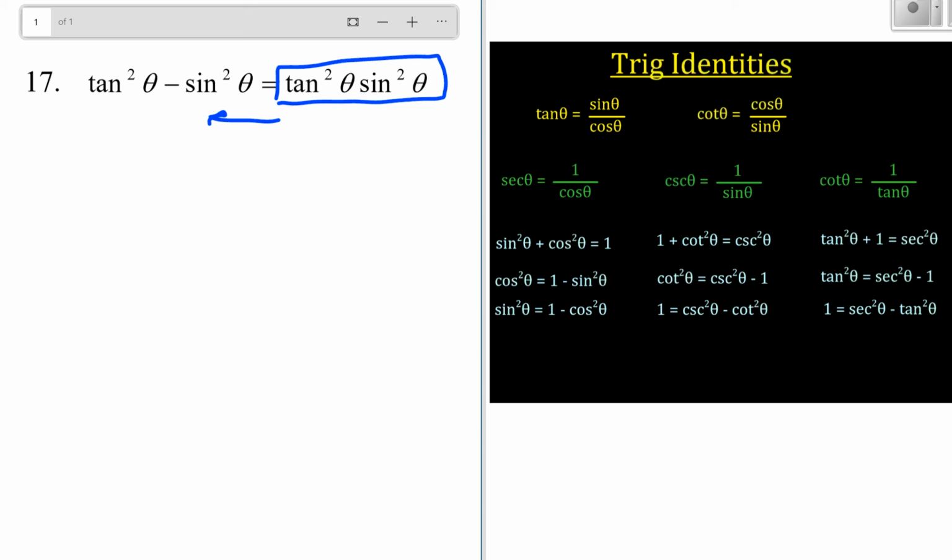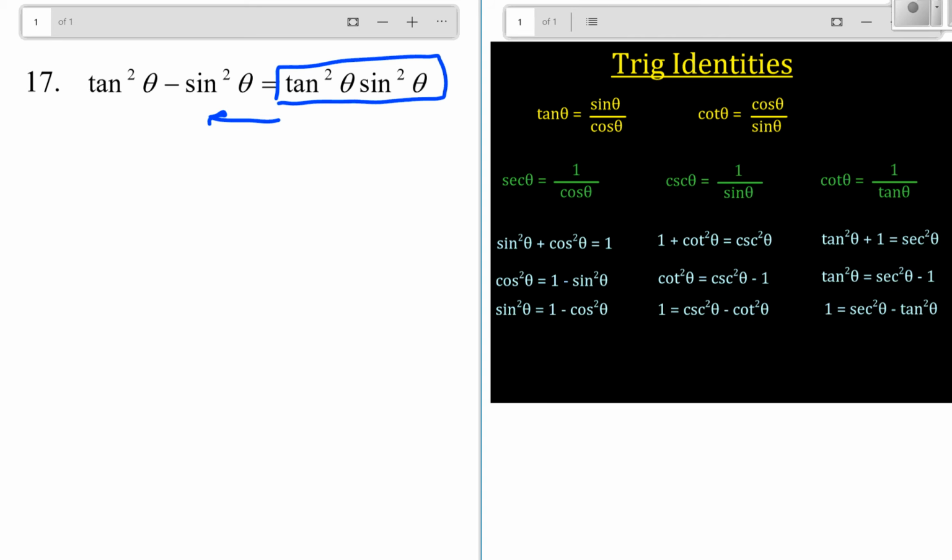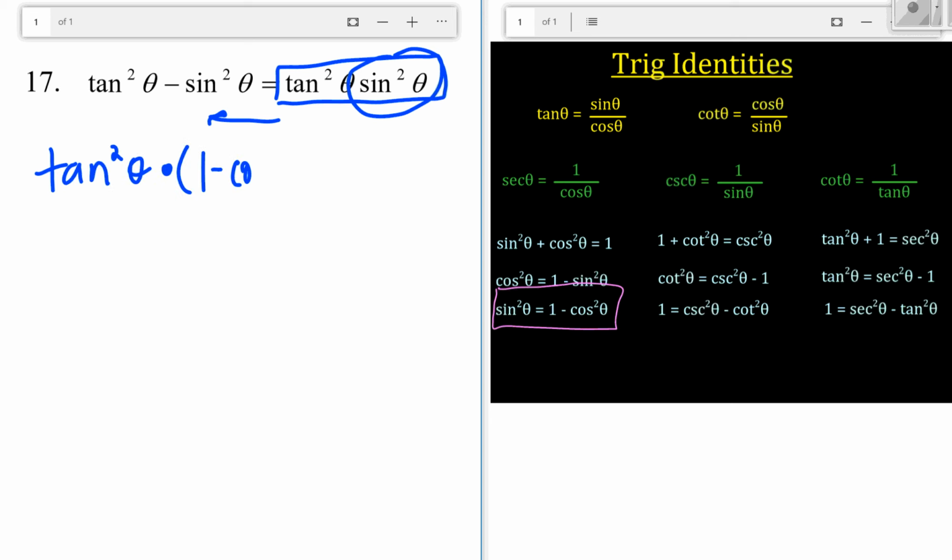The reason I'm going to do that is I know that sine squared is 1 minus cosine squared, so I can replace that sine squared right there. We'll write tangent squared theta times 1 minus cosine squared theta.